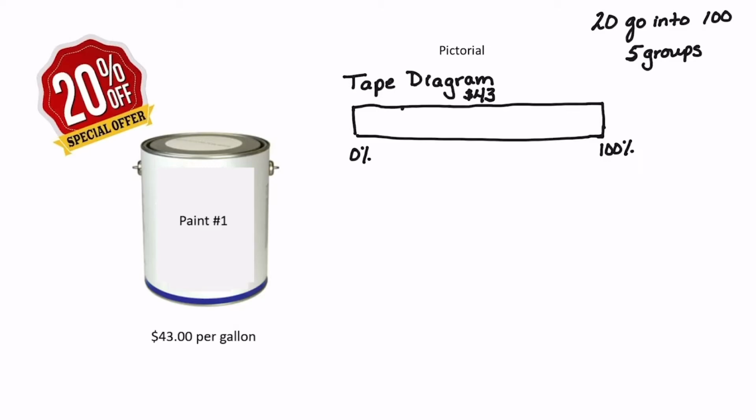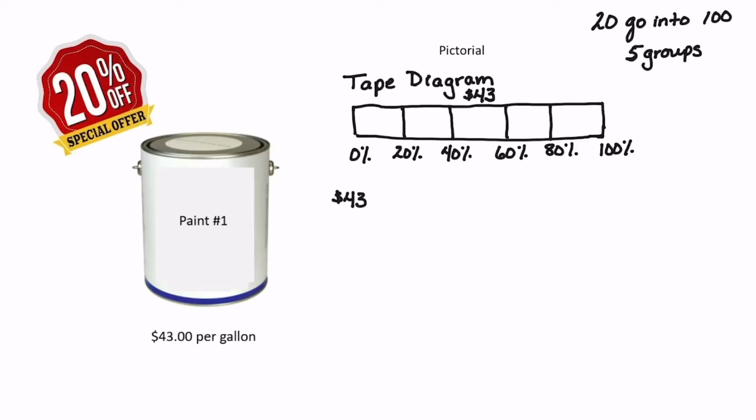So we're going to divide this into 5 sections. This would represent the 20% mark. This would be 40%. This would be 60%. This would be 80%. Now our whole is going to be $43.